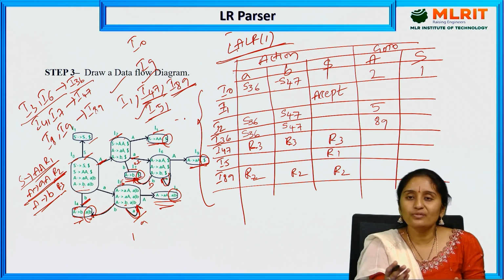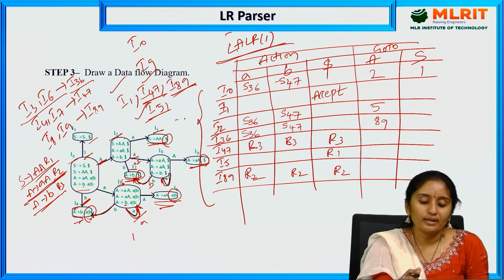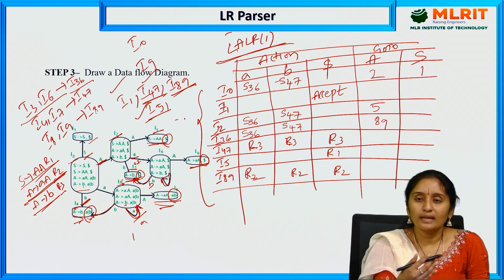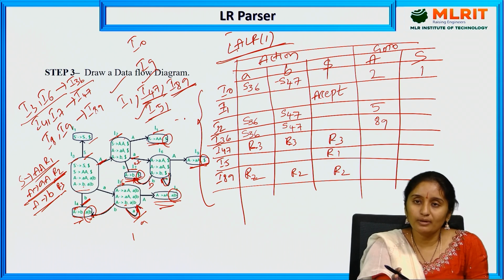The difference between the CLR(1) parsing table and the LALR(1) parsing table is that the number of rows is reduced, so the size of the table is reduced.